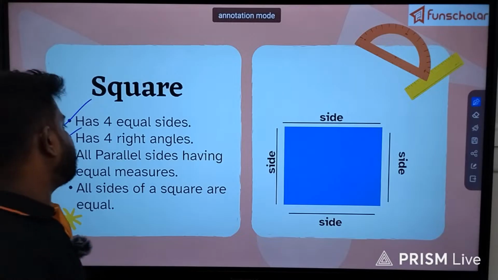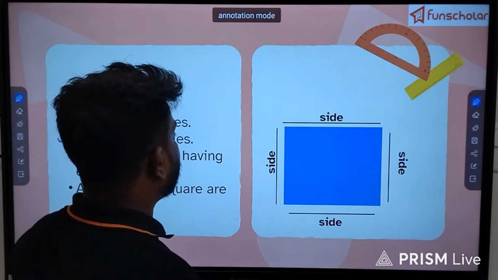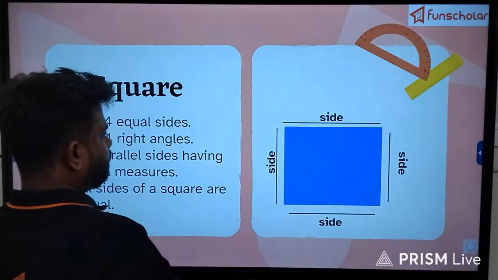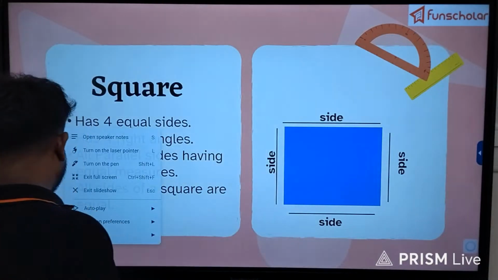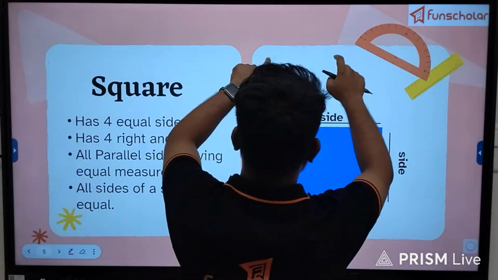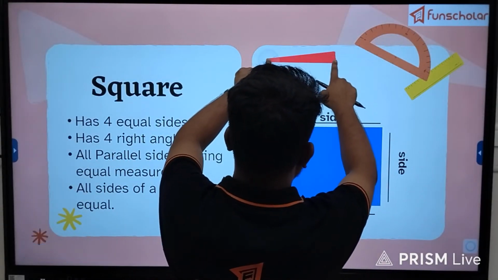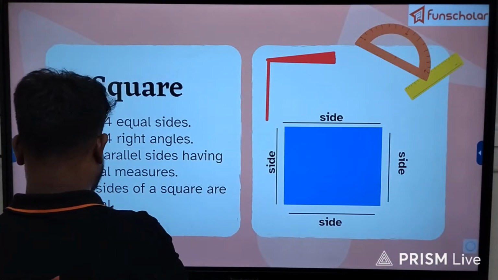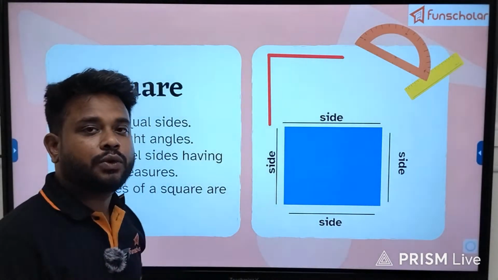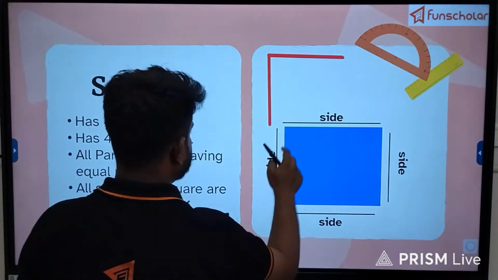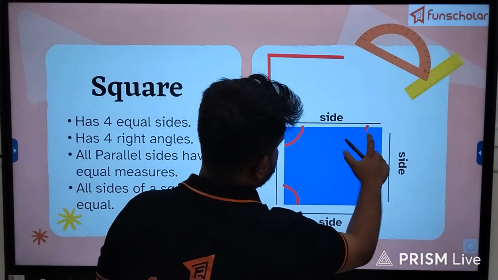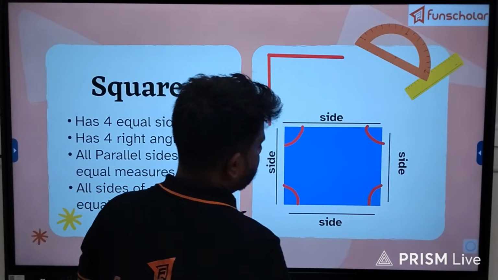Okay, so next, a square has 4 right angles, and talking about right angles, we know that right angles generally look like an L. This one is a right angle, this one is a right angle, this one is also a right angle, and this one will also be a right angle.